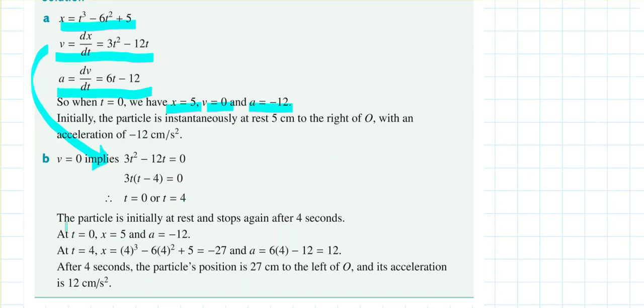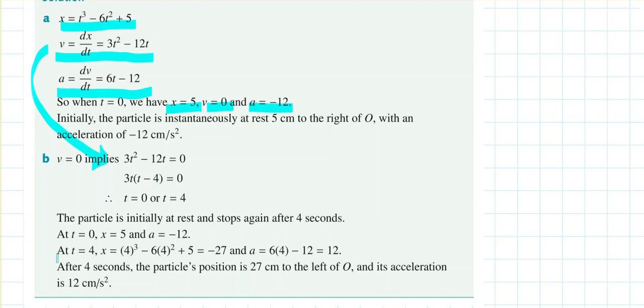So therefore we can say the particle is initially at rest at t equals 0 and stops again after 4 seconds. So there's something happening. And at t equals 0 we know that the position is x equals 5 and the acceleration is negative 12.